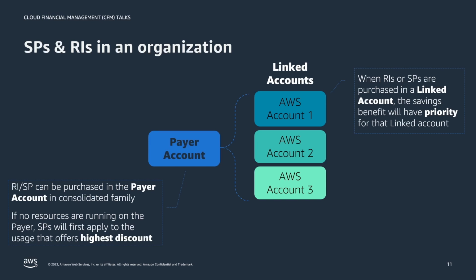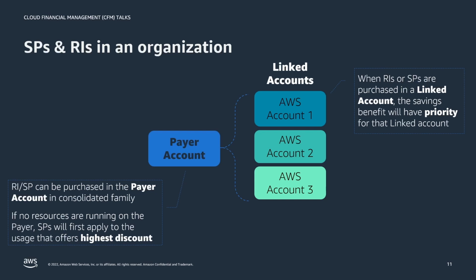From a payer standpoint, it functions exactly the same way. It will look for workloads in the payer. As soon as those are exhausted, it will look throughout the account family. Hopefully you don't have any workloads in your payer account, but if you do, generally they're pretty small, so you use that up quickly, and then it flows throughout the entire account family and the entire organization.